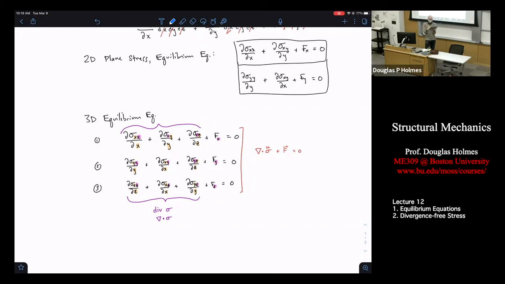So I could write this as the partial derivative of sigma ij with respect to dx i, plus f i equals 0.